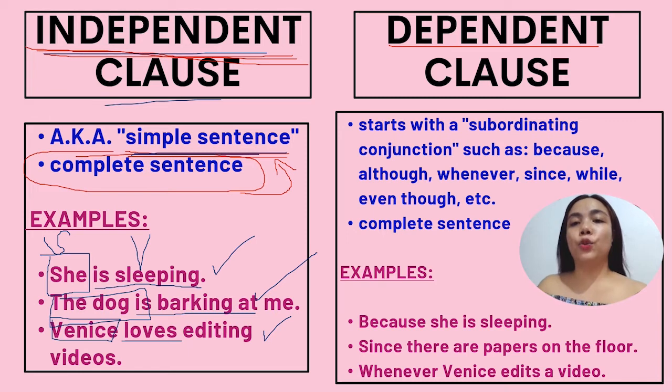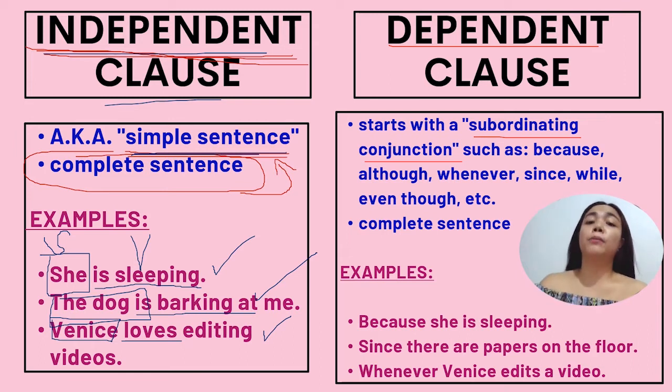A dependent clause starts with what we call a subordinating conjunction. Here are some subordinating conjunctions: because, although, whenever, since, while, even though, and many more. There are a lot of subordinating conjunctions. That's the first thing that you need to keep in mind.